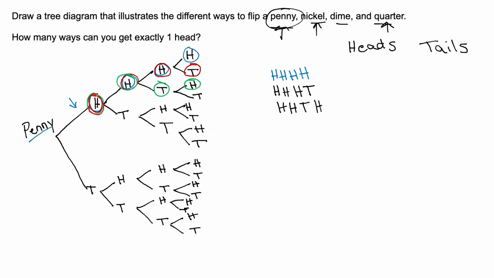Okay, so I'll start with the heads again. So I have heads, heads, tails, and then tails. Now again, I'm going to look at the H for the penny. So I have heads, but now I can go heads, tails, heads, heads.